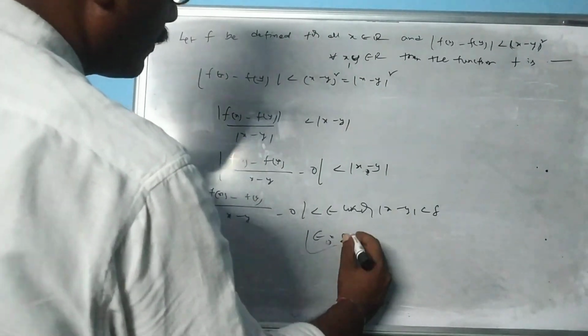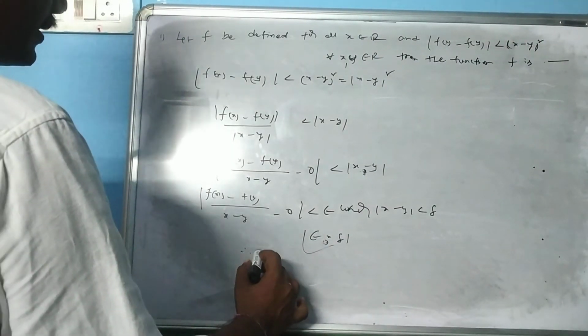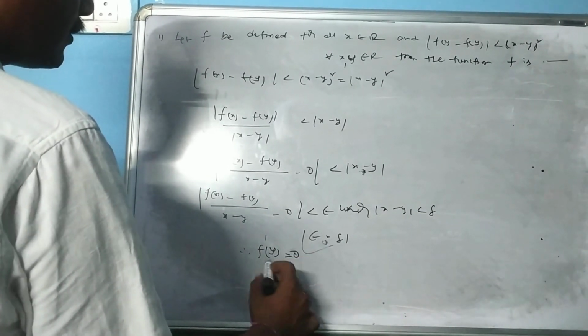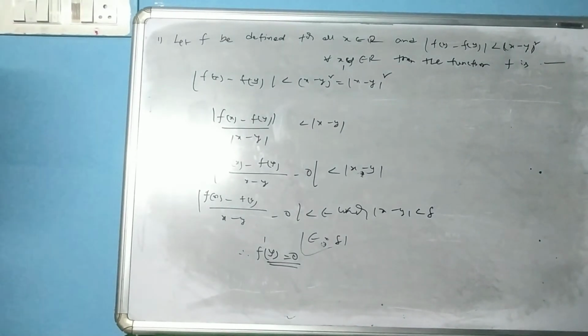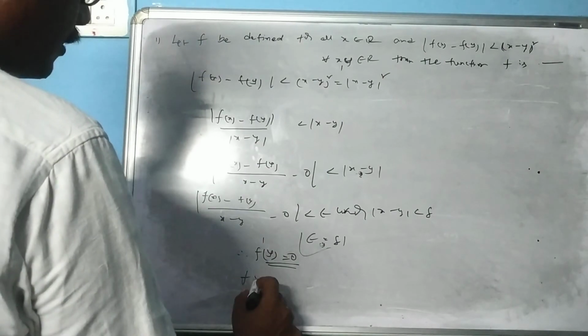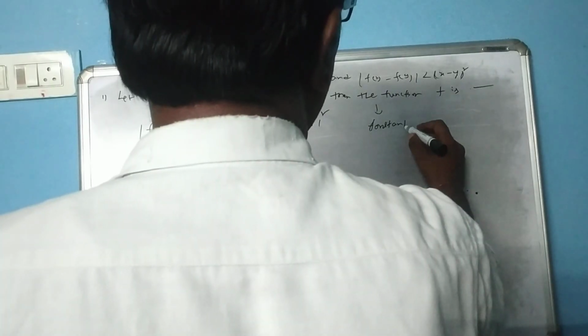Like this, f dash y is equal to 0. f dash equal to 0 means y is constant, so f of x is a constant function.